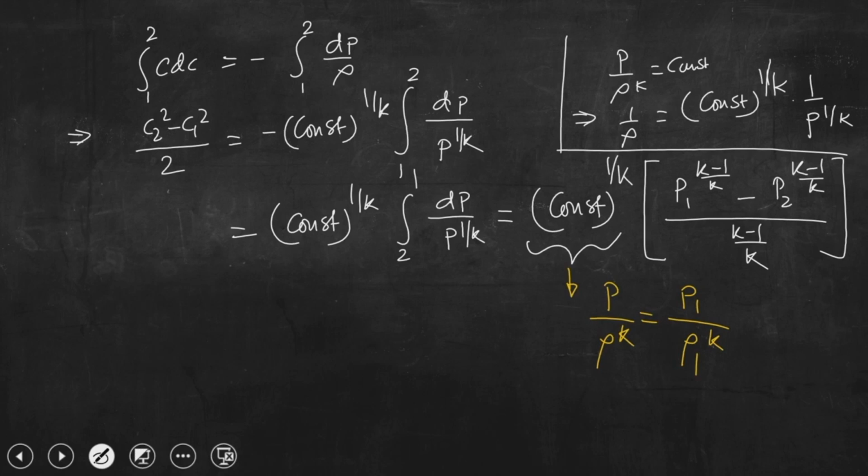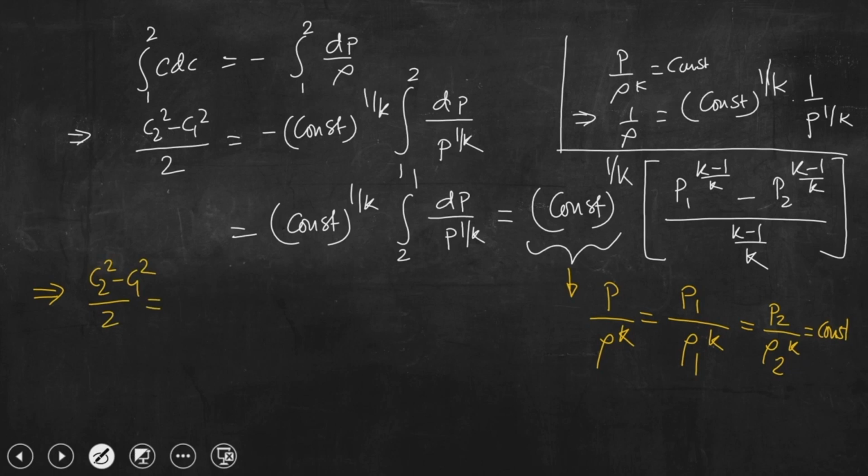This is also I can write like this, equal to constant, right. So, if we go one step further, we can write C2 square minus C1 square upon 2.